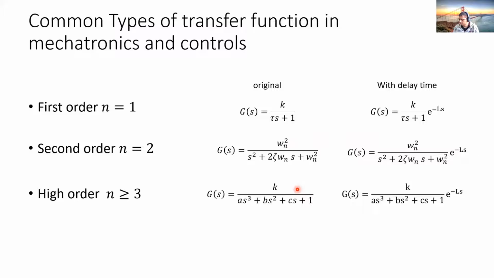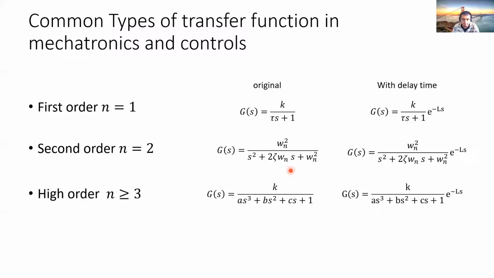If we have higher order systems, for n greater or equal to 3, the standard forms will be something like this. If we have more terms, of course, it will be 4, 5, 6, 7, whatever we have. This standard form can also come together with a delay time.